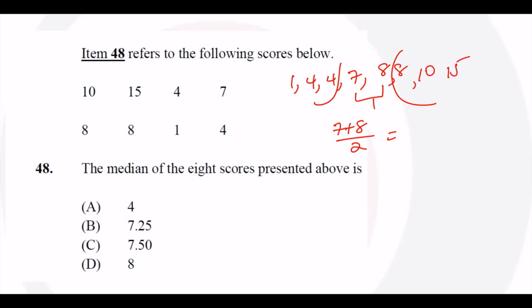So 7 plus 8 is 15 over 2, and 15 over 2 is the same thing as 7.5. So therefore, which one matches? That matches C. And that's something I know you guys can do by now. You must be able to do your mean, your median, and your mode.